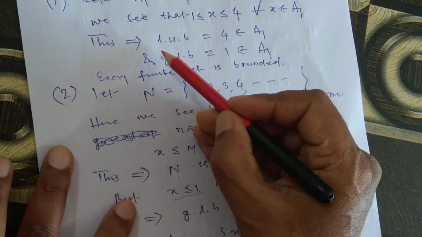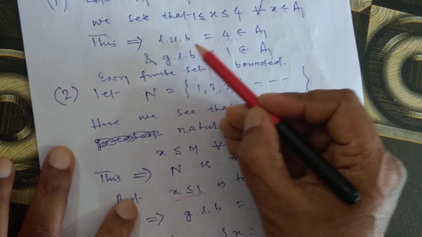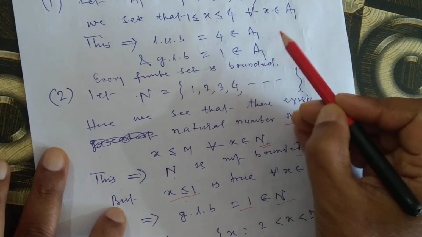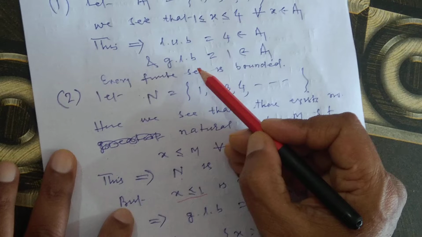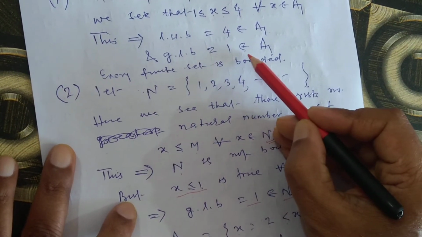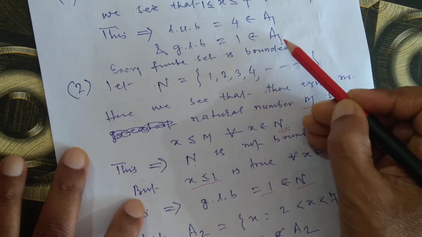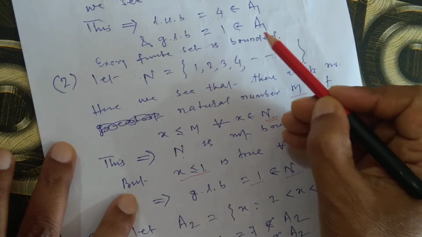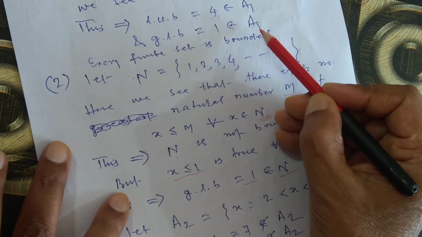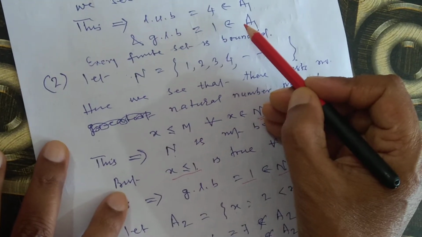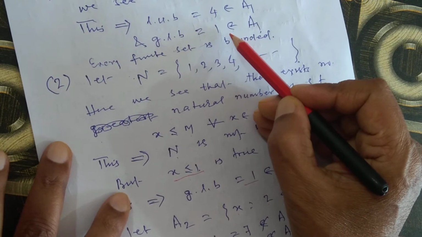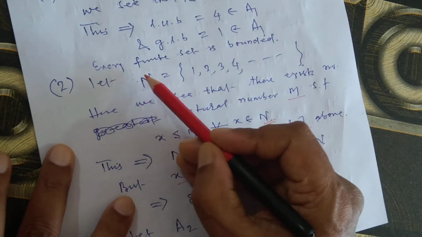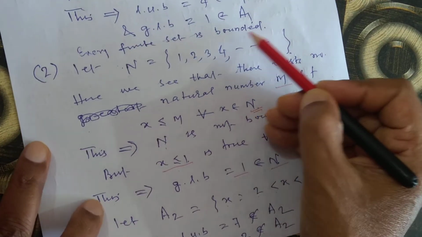This implies that least upper bound is 4, which is a member of A1, and greatest lower bound is 1, which is also a member of A1. And this presents an example of a set which is bounded and whose LUB and GLB are both its members. We conclude that every finite set is bounded.